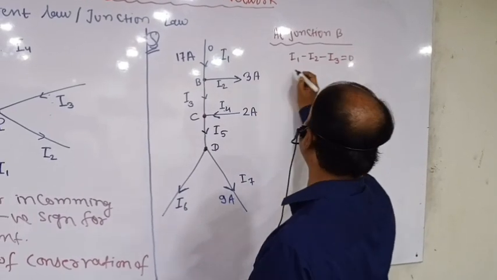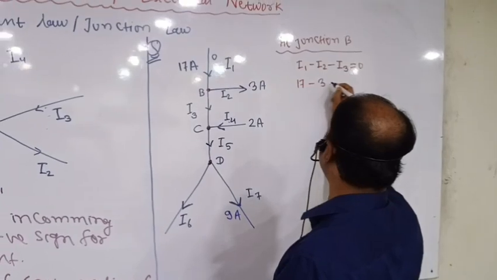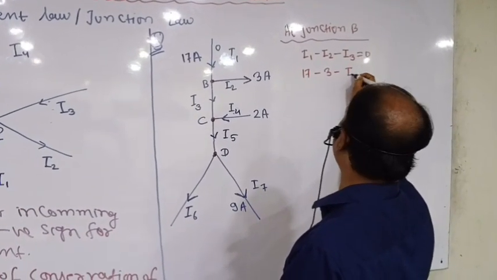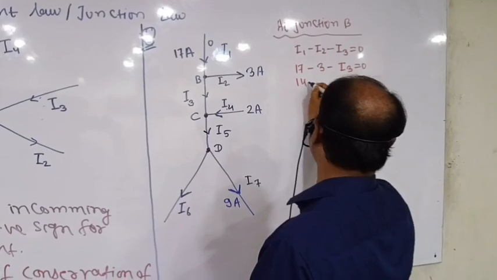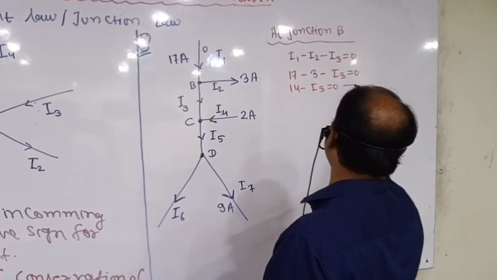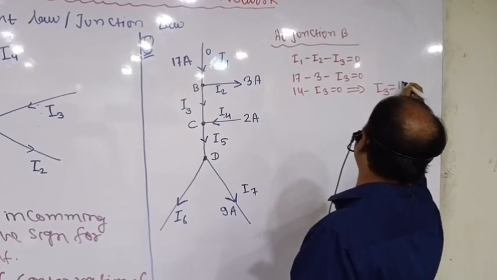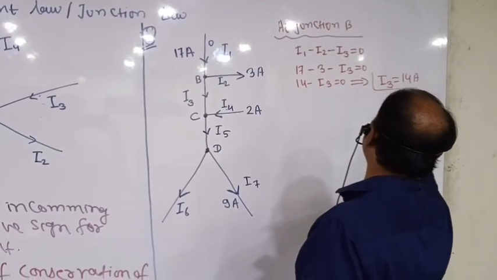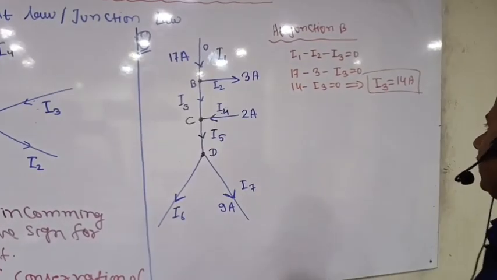What is the value of I1? 17 minus the value of I2, 3, minus I3 equals 0. Therefore 14 minus I3 equal to 0, which implies I3 equal to 14 ampere. So our first unknown value, I3, is 14 ampere.